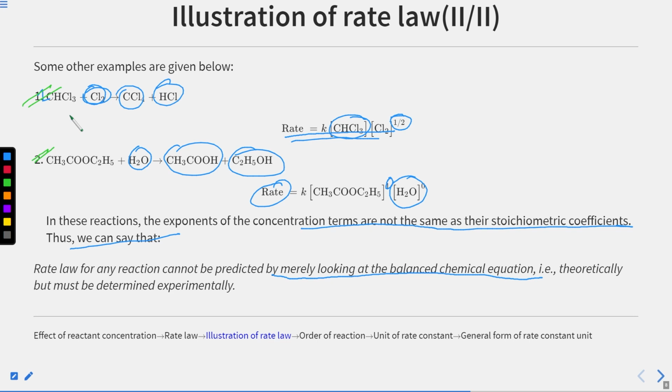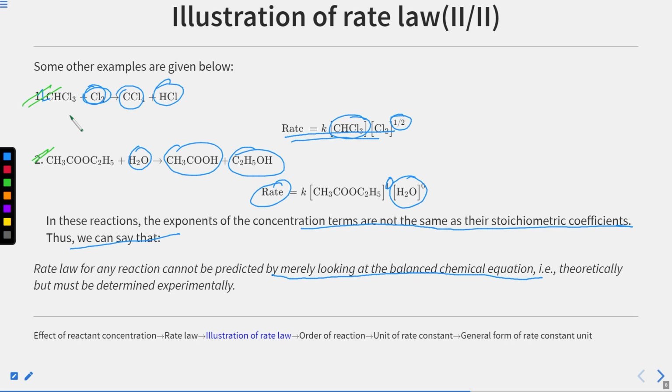Okay, so these are the two illustrations which say that the rate law is the expression in which the rate of reaction is directly proportional to the concentration of the reactant raised to some power that can or cannot be equal to its stoichiometric coefficient.